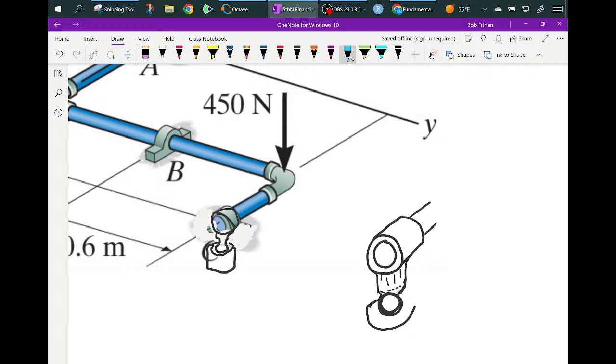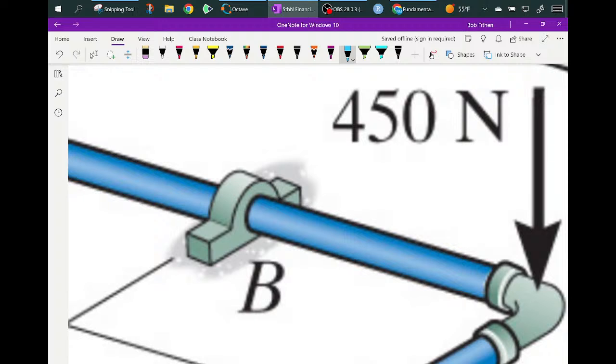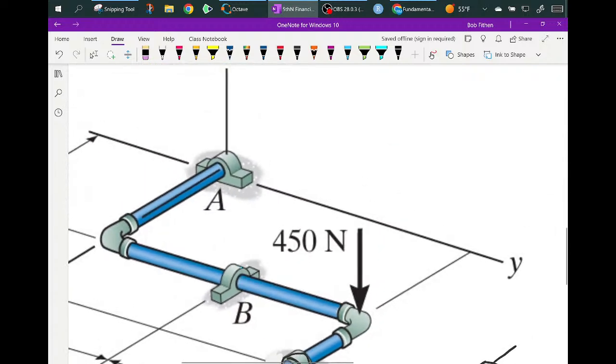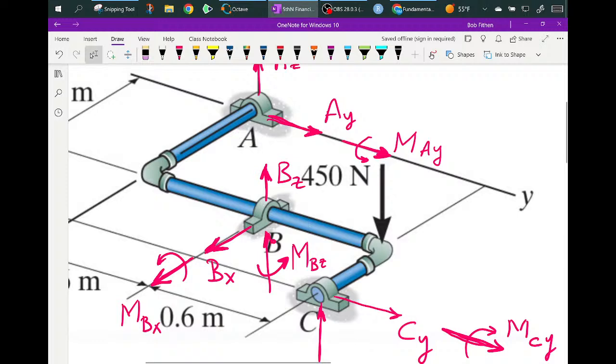If you take this and you put a bearing just like this, and I take this shaft and twist it this way, this bearing will give back a resistance to that moment. So in fact, his drawings are inconsistent. His assumption that each of these terms are non-existent is incorrect for the drawing that he's given you.